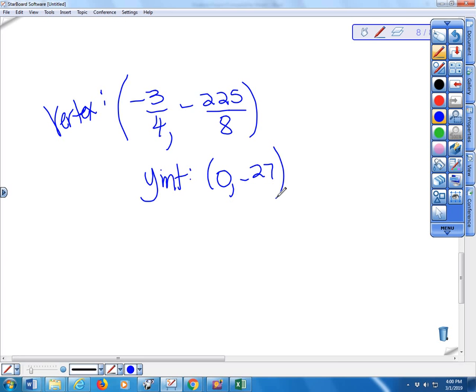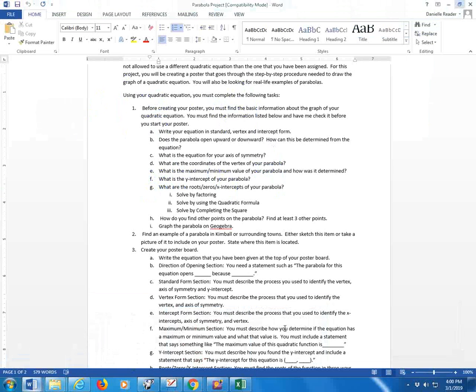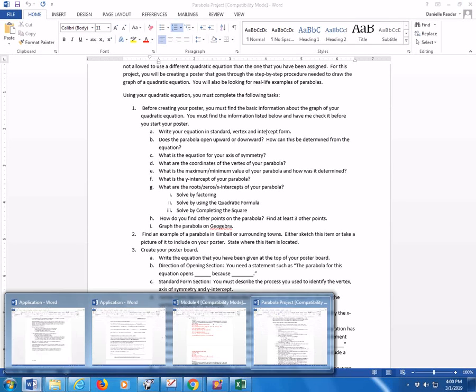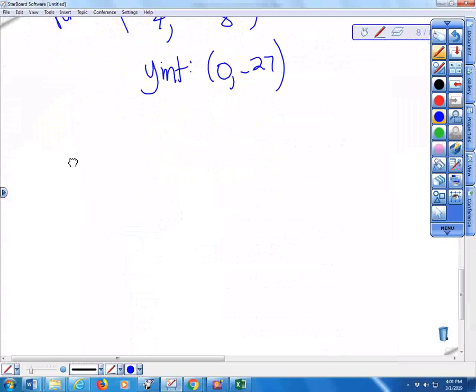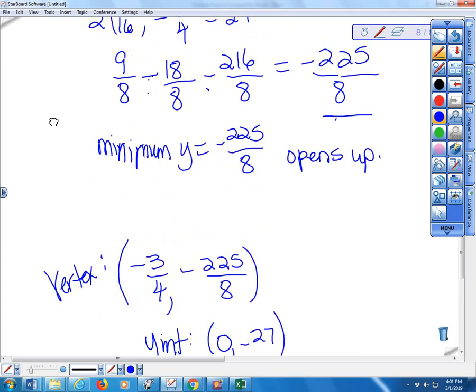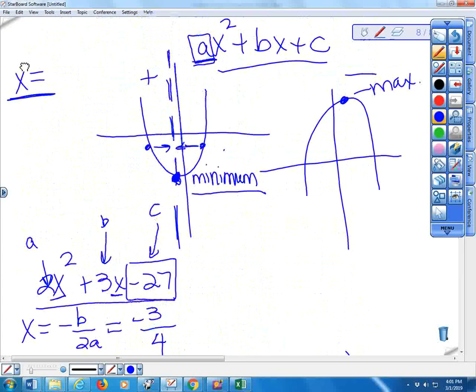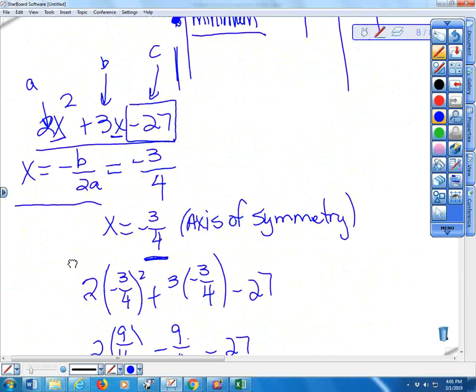All right, next is what are the roots? We're supposed to solve by factoring, using the quadratic formula, and by completing the square. So let's go back and look. My standard form is this. My intercept form was 2x plus 9, x minus 3.